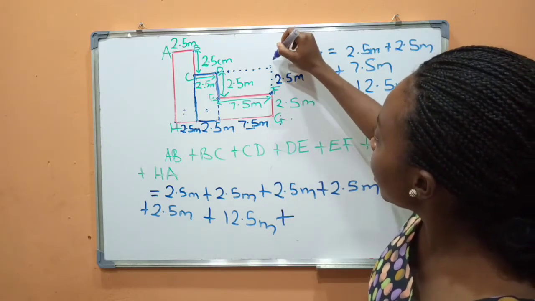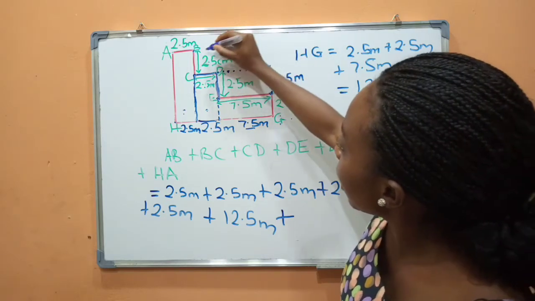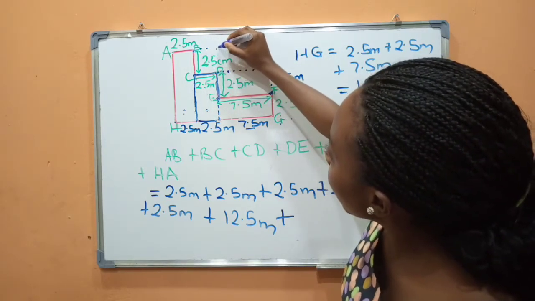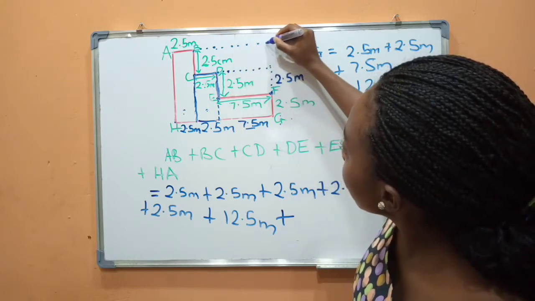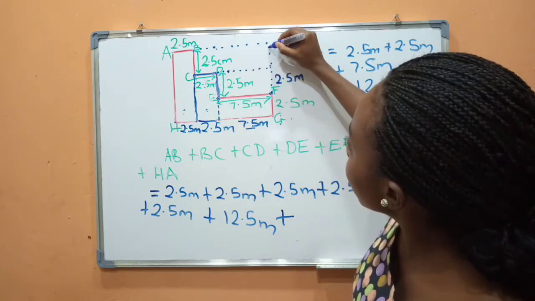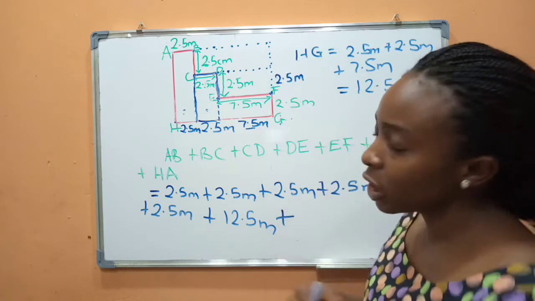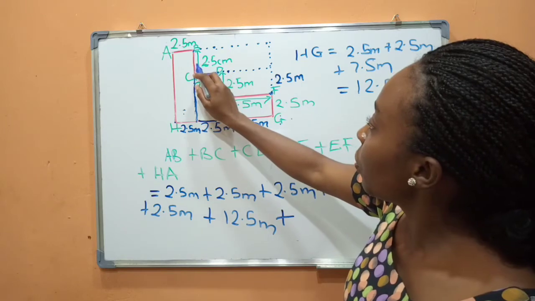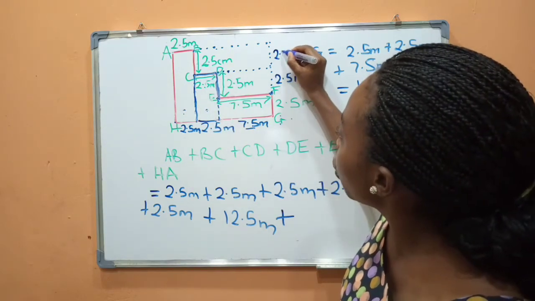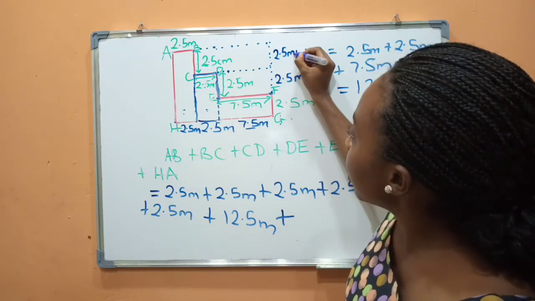But how about here? For us to get this place, let's do the same thing. We're going to have this, we're going to have this. So this gives us a regular shape, okay? It gives us another rectangle. So we are going to say, since 2.5 is here, this is equally going to give us 2.5 meters.